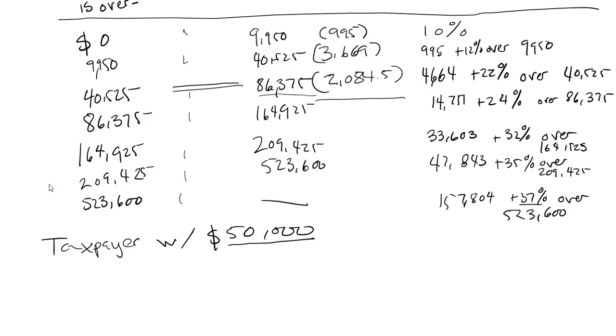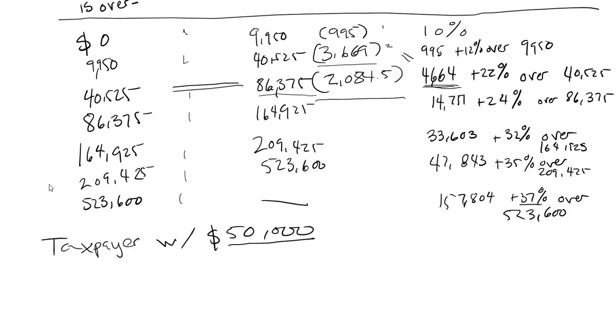$4,664, which is derived by taking the sum of $3,669, which, remember, we got from subtracting the $9,950 from $40,525 times 12%. That gave us $3,669. The $995 comes from taking 10% of the $9,950. When you sum these two numbers up, that equals $4,664. That's how this number here is derived.